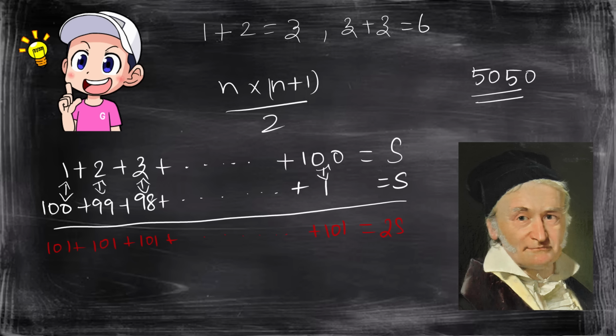So 100 times 101 is added. So 100 into 101 is equal to 2s, which leads to s is equal to 100 into 101 by 2.